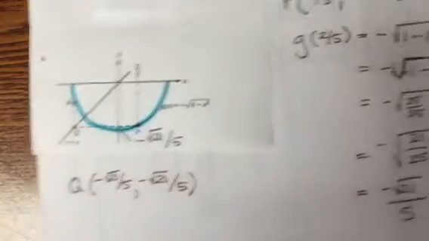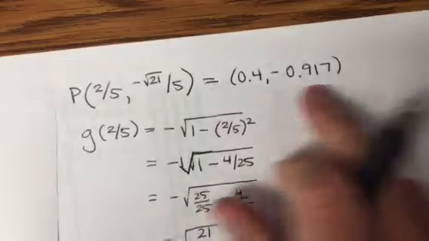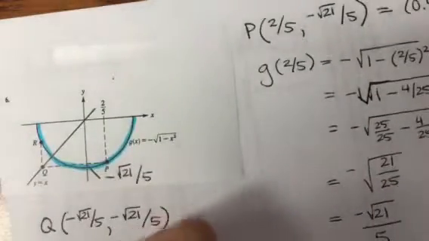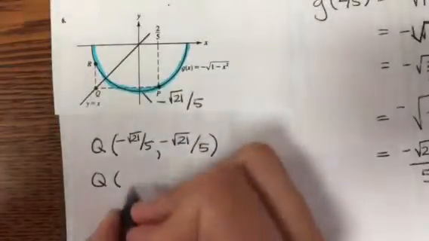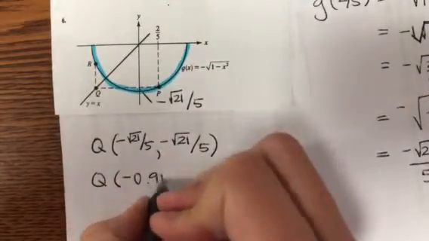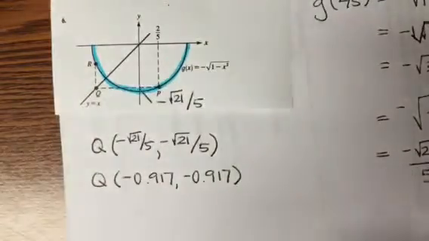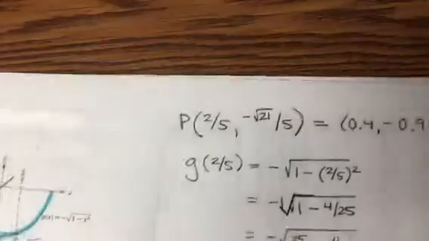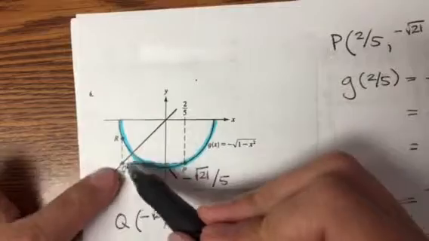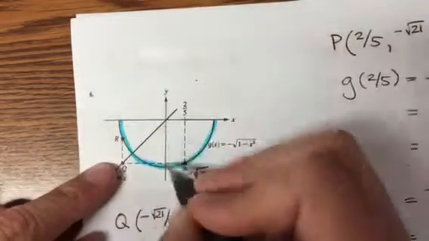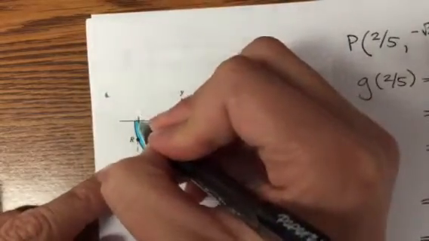And then taking from our problems up here, you can see our calculations. This is also going to be what I'm going to write here, and that's negative 0.917, negative 0.917. Okay, so now I have my two answers for Q and my two answers for P. The next thing that we're going to look at now is Q told me what my Y was there, but it also is telling me what my X is here.